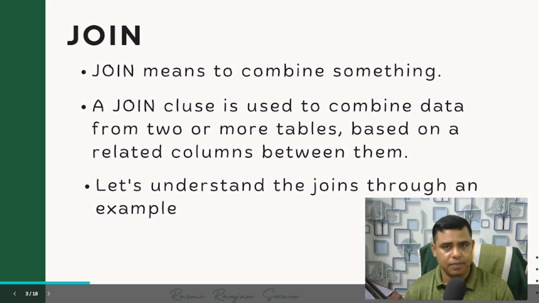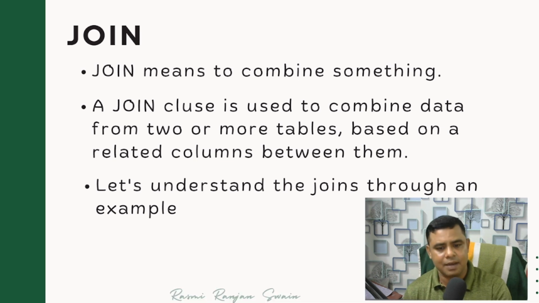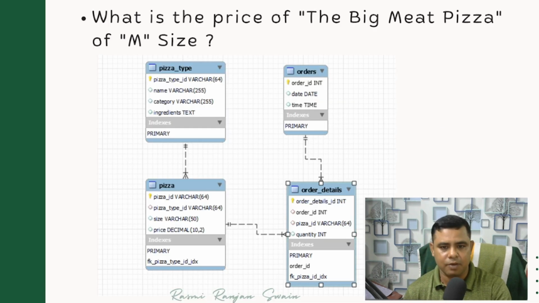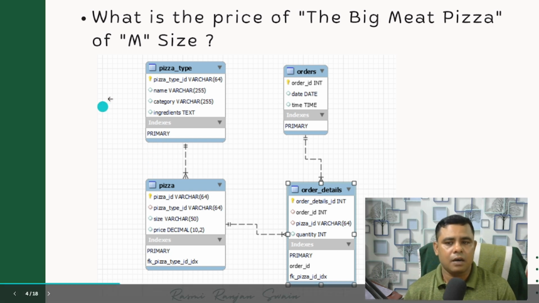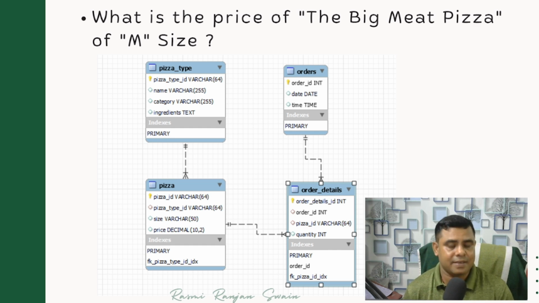A join clause is used to combine the data from two or more tables based on a related column between them. Let's take one example with two tables. Here I have created one example about a pizza store that sells pizza. There are multiple tables: the pizza type table, the pizza table, the order table, and the order details table.